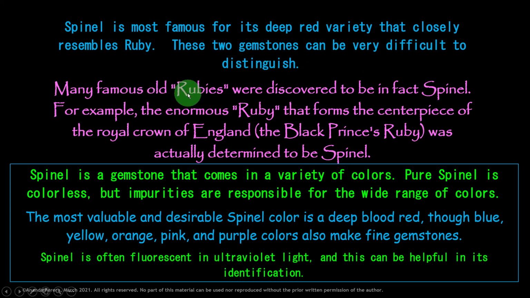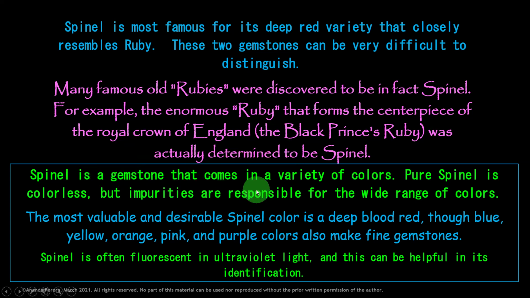Many famous old rubies were discovered to be in fact spinel. For example, the enormous ruby that forms the centerpiece of the royal crown of England, the Black Prince's ruby, was actually determined to be spinel.